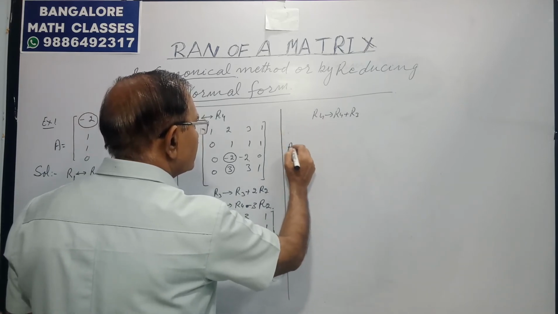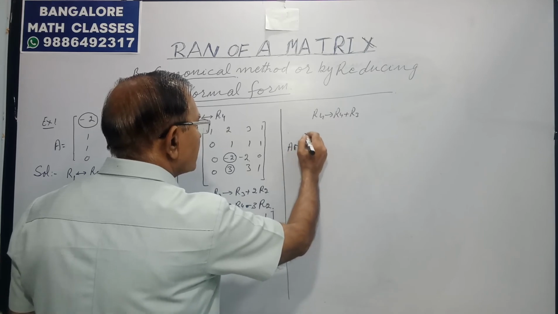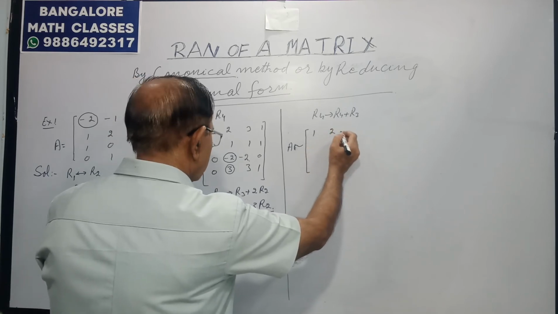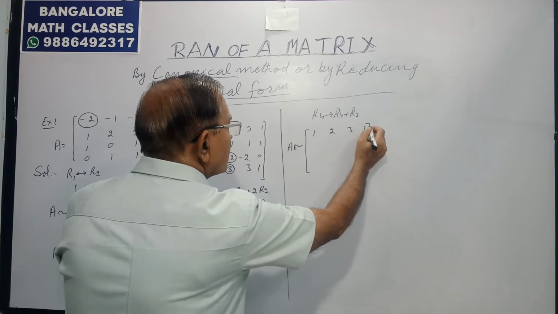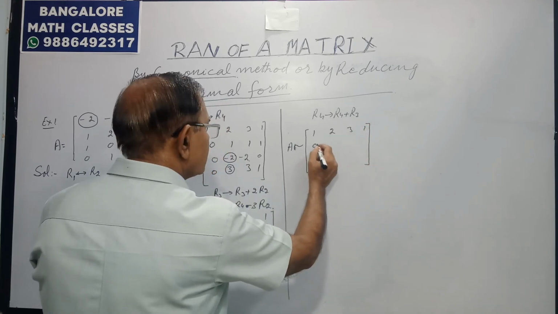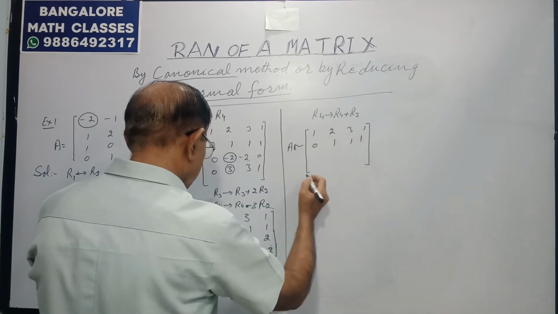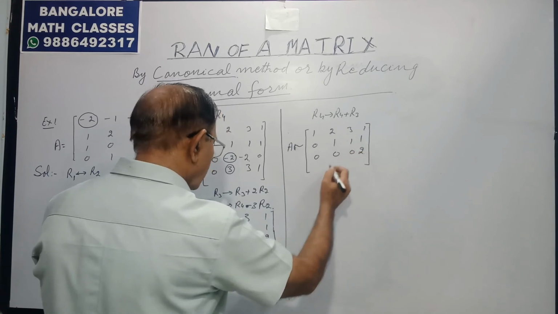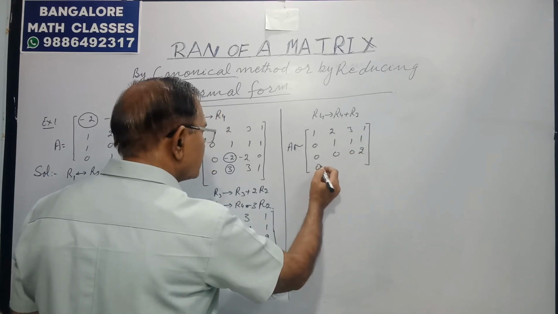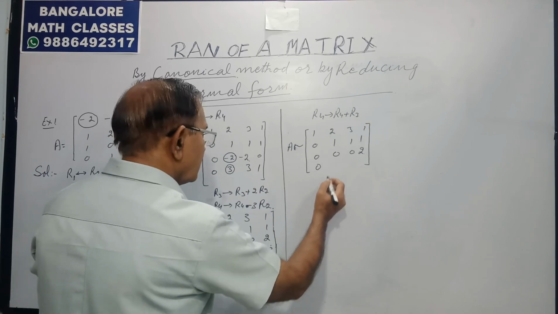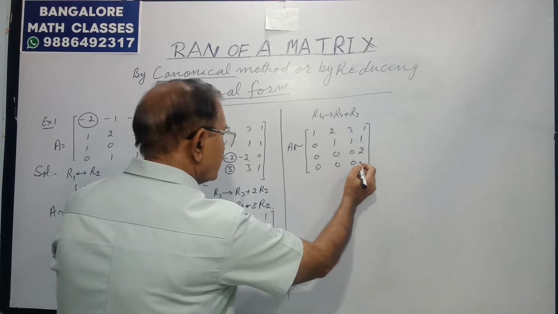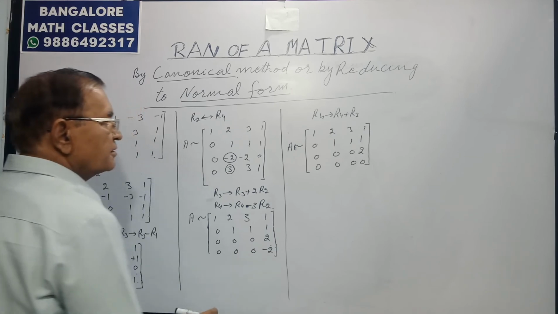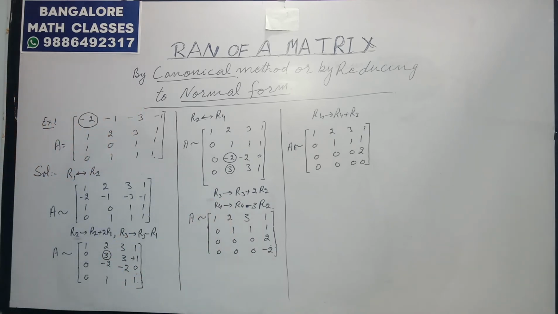So we'll get matrix A equivalent to: first row as it is, second row as it is, third row as it is. Now add the two. R3, R4 I have added. So this is what I will get.